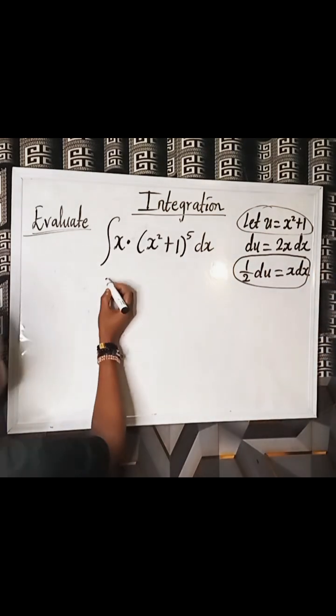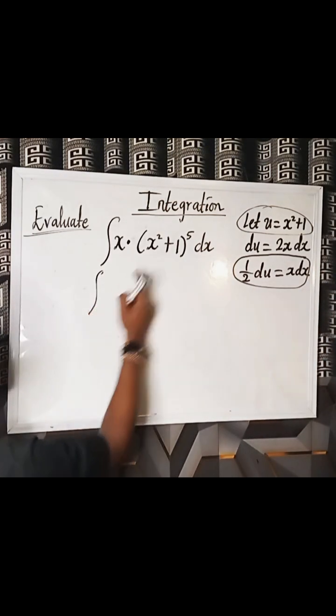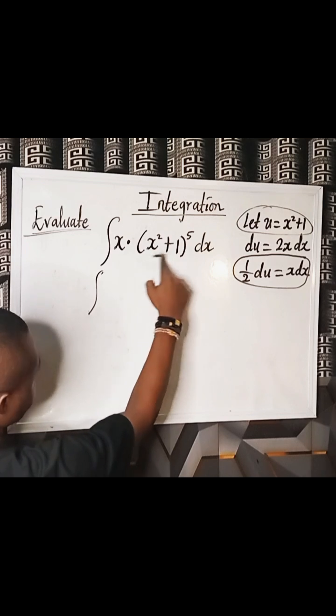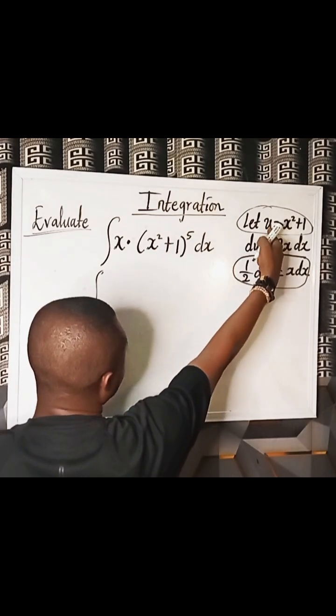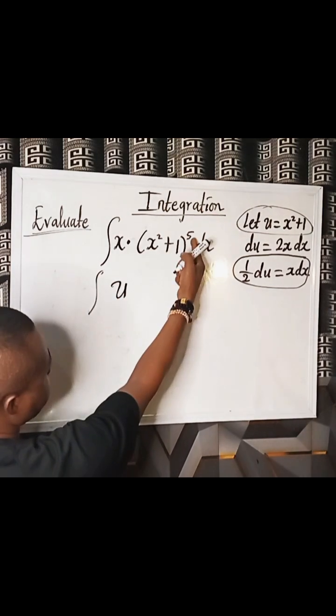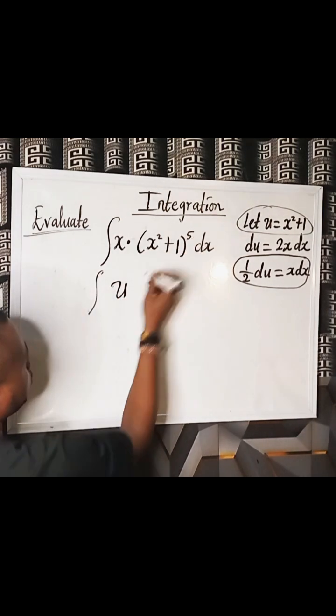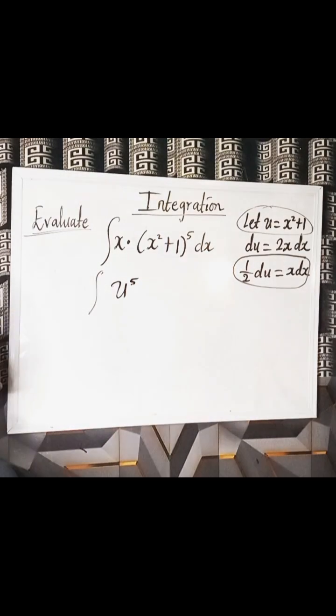So this becomes the integral of, remember, x squared plus 1 is now u. So we'll be having u, but of course, this value has the exponent 5. So we are going to plug in 5. Do you understand that? So we proceed.